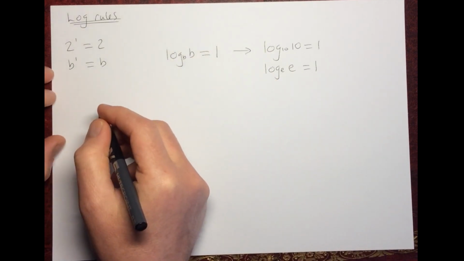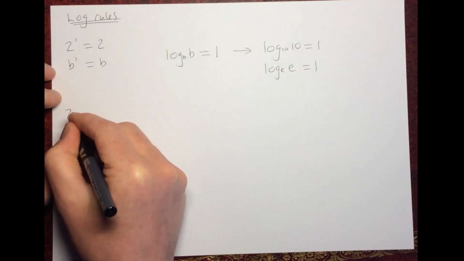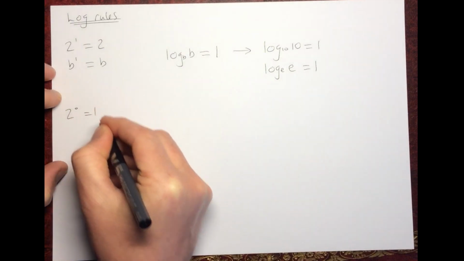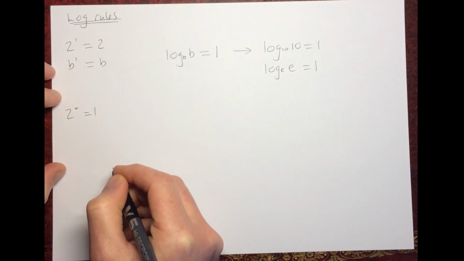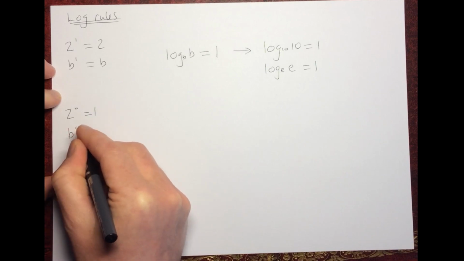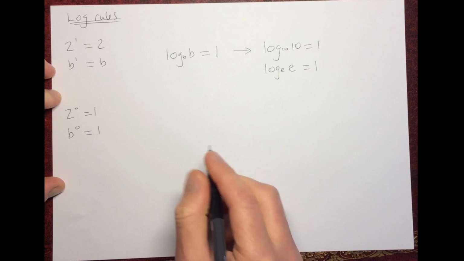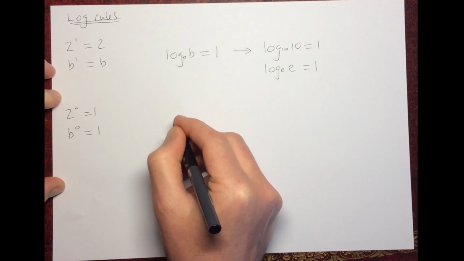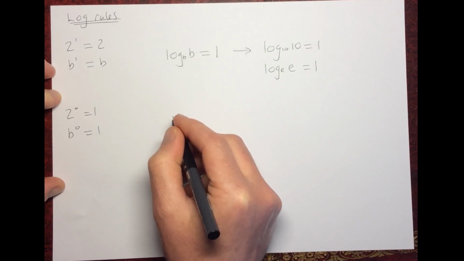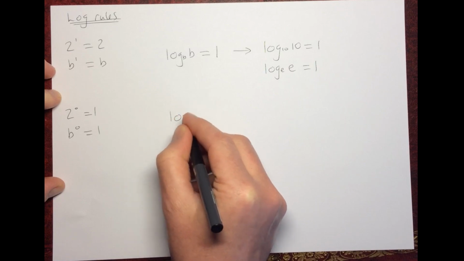Now the next example is this. If I take a number 2 and raise it to the power of 0, I get 1. If I take any number and raise it to the power of 0, I get 1. So putting that into a general rule, b to the power of 0 equals 1. Now this can be translated to a log rule, because I'm going to now use log to the base b.